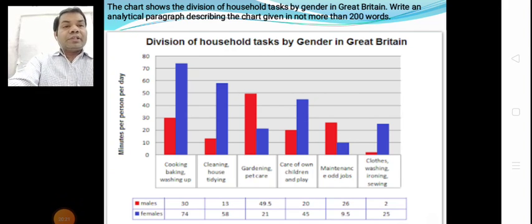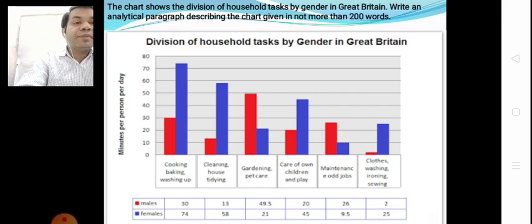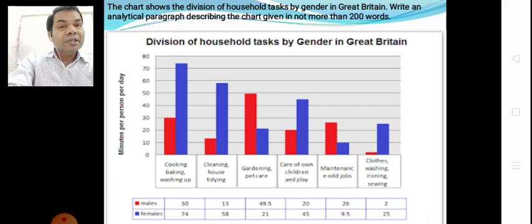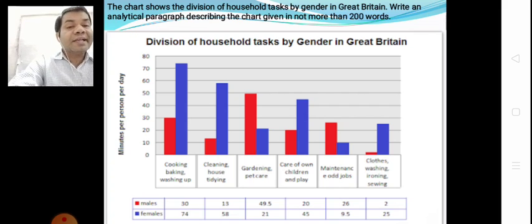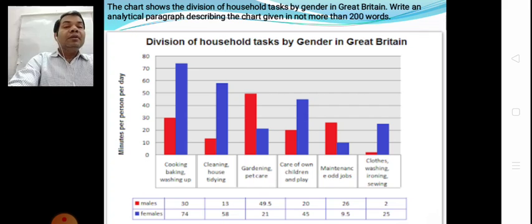So here students, you can see a chart has been given. On the basis of the information given in the chart, we have to write an analytical paragraph, and one example we have just seen. This graph shows a division of household tasks by gender in Great Britain.